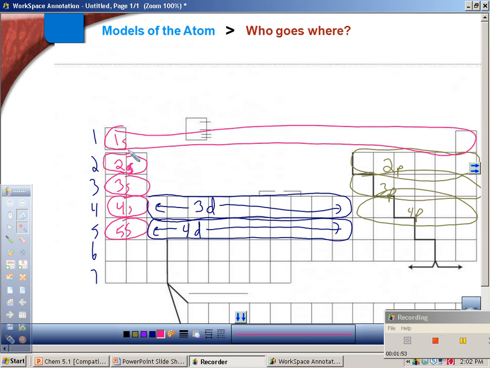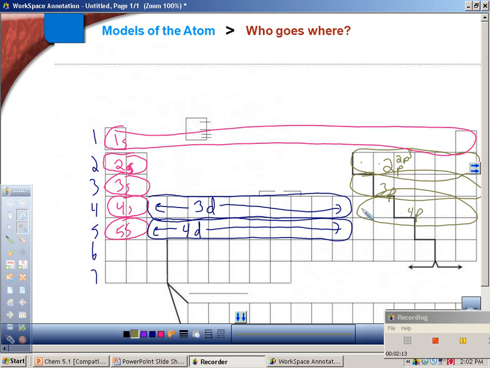And then we can also use superscripts to say how many boxes are filled up. So for instance, this box right here, it's in the 2p orbital, and I count over 1, 2, 3. So this right here would be 2p3.